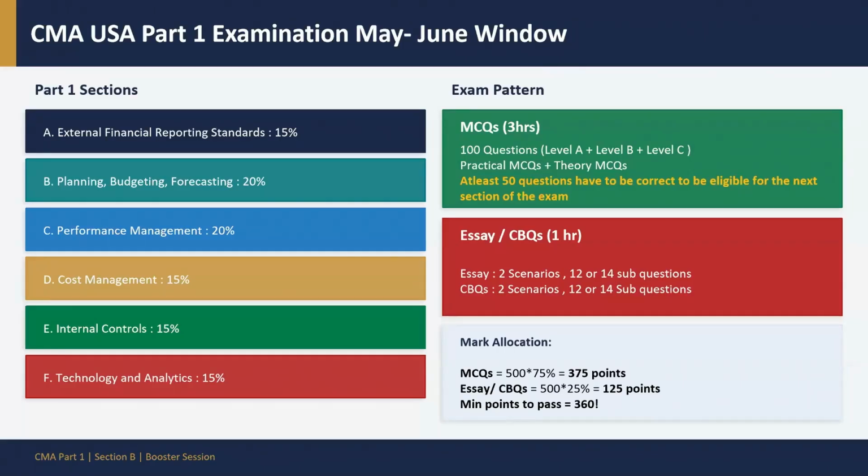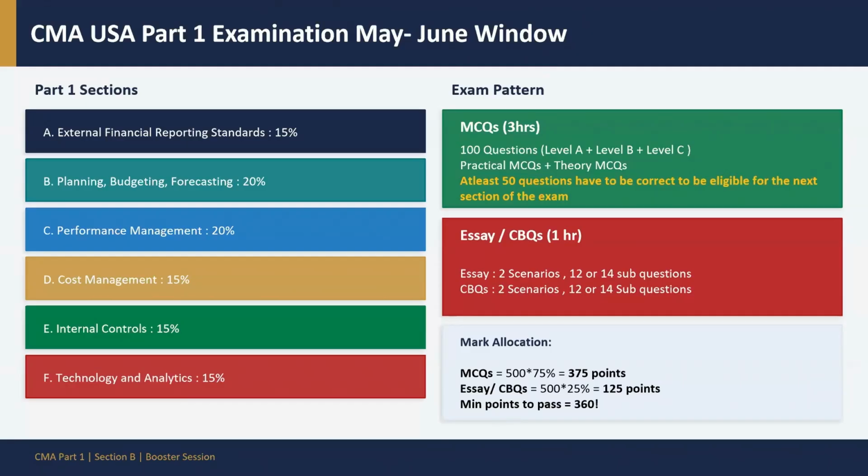Even in your examination also, your mind will follow the same pattern. Okay. So then this 100 questions, okay, so they can be a combination of your practical MCQs and theory MCQs. Okay, in what percentage? It can be any percentage, 50% practicals and 50% theory, or 70% practical and 30% theory.